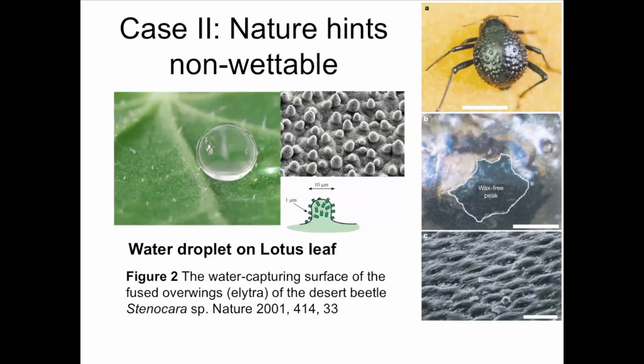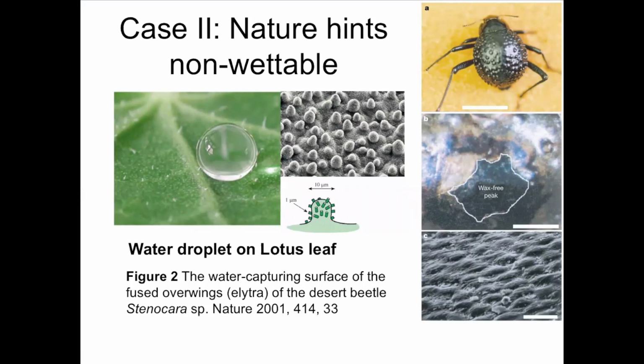If you take a very good look at the leaves of a lotus plant, then you see that there are these little features, and on top of these little pillars, there are more smaller pillars. This is a representation of the nanostructure of the lotus leaves, and it tells you that the nanostructure is related to the self-cleaning properties. So that is something that we also would like to reproduce, of course.